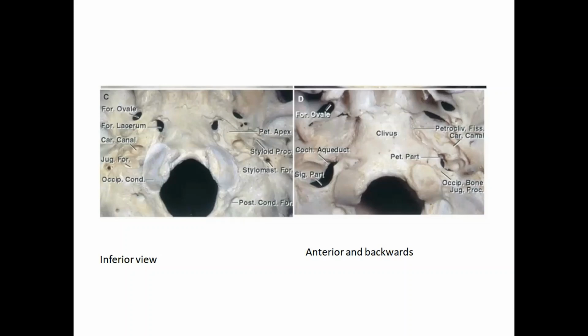And the petroclival fissure, interestingly, ends in the jugular foramen. Can you appreciate that part? So you have an inferior petrosal sinus. The inferior petrosal sinus drains into the, yes, that is exactly what they are showing. The petroclival fissure ends in the jugular foramen.